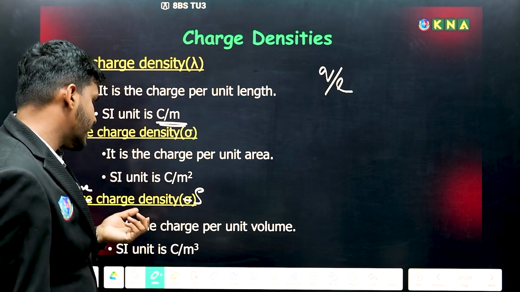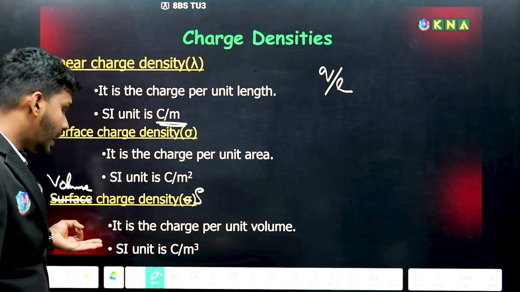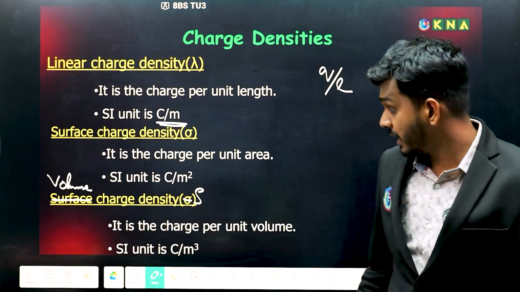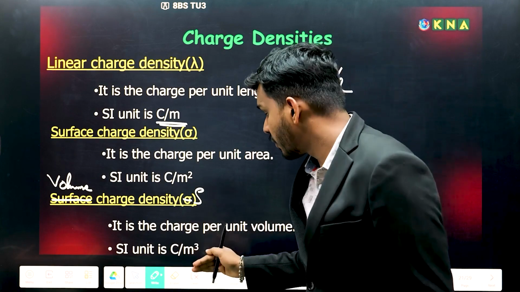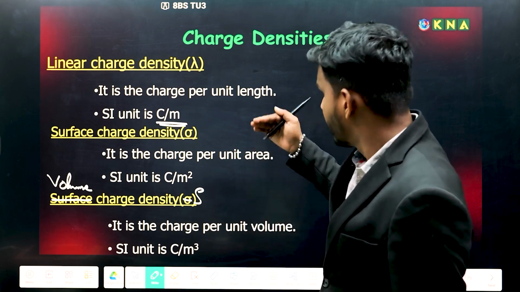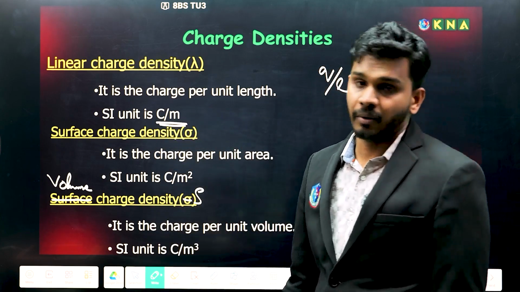What is volume charge density? It is charge per unit volume. Charge per unit volume is called volume charge density. Its SI unit is coulomb per meter cube. Okay. The different charge densities are surface charge density, linear charge density and volume charge density.